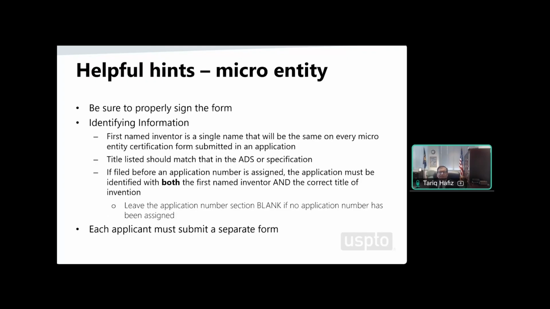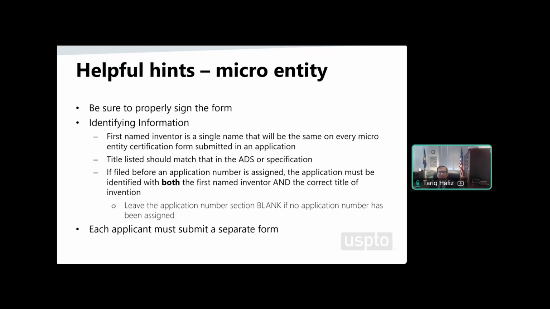So there are finer details about filing the SB 15A form. First, make sure that you sign the form and every inventor signs their own form. This is for any assignee and for any co-inventor. As for filing, in the top of the form, the first named inventor will always be the same person, most likely someone whose last name is first in the alphabet.